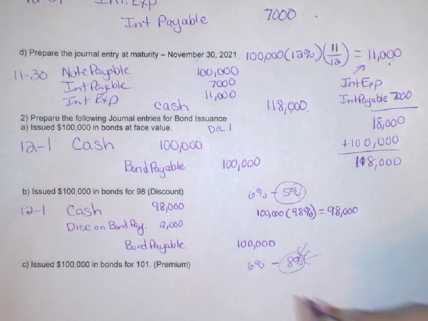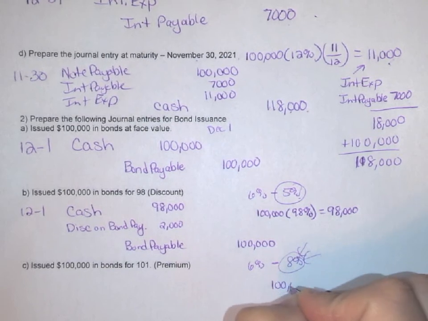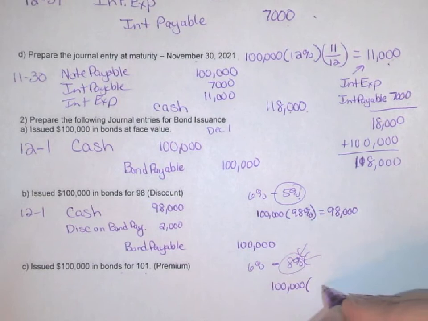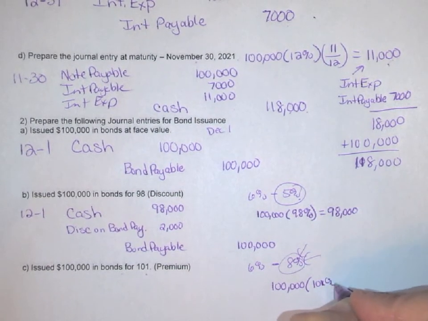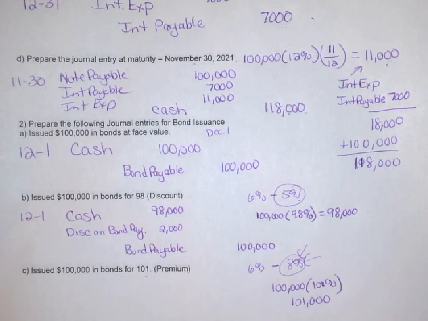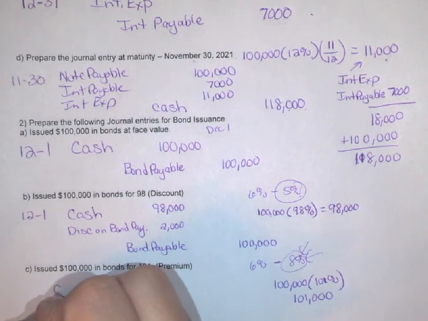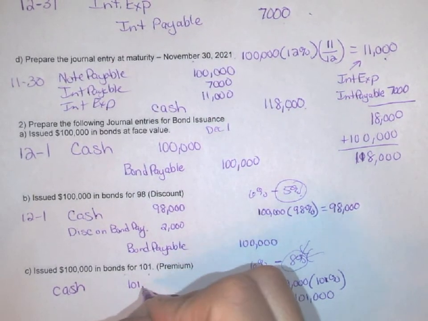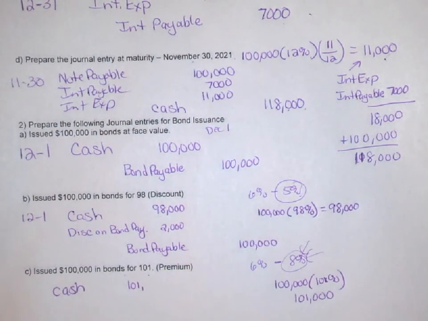So to figure that out, again, we're looking at the face value is $100,000, but we're selling the bond for $101,000. So again, remember that's 101%, which means that we're actually looking at selling this bond for $101,000. So what we're going to have here is our cash value, and our cash value is going to be at $101,000.